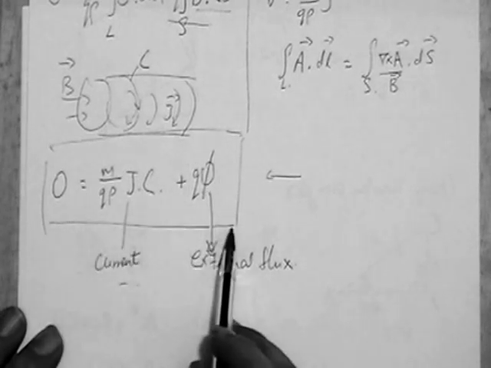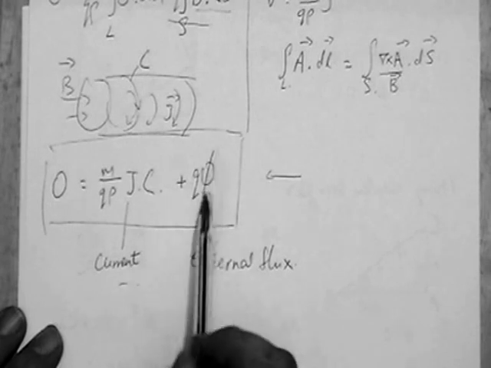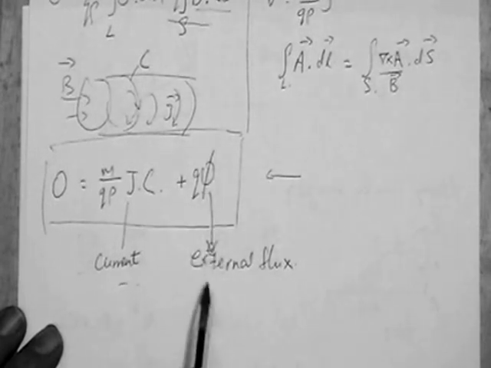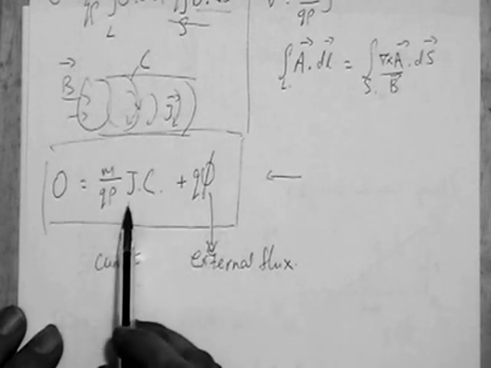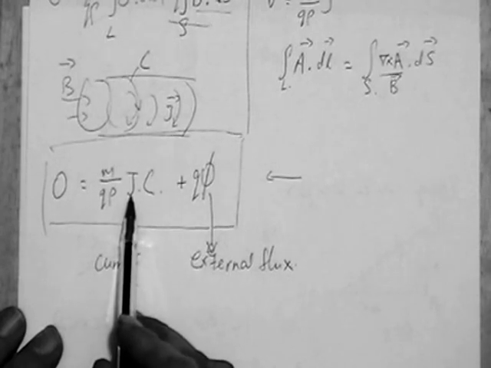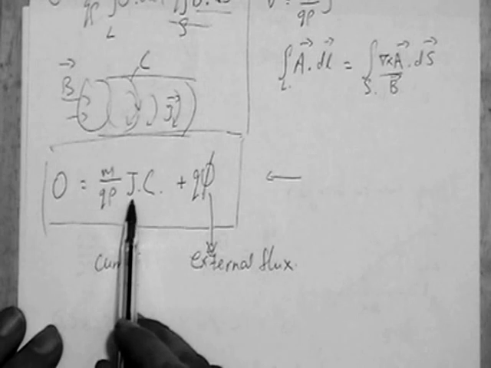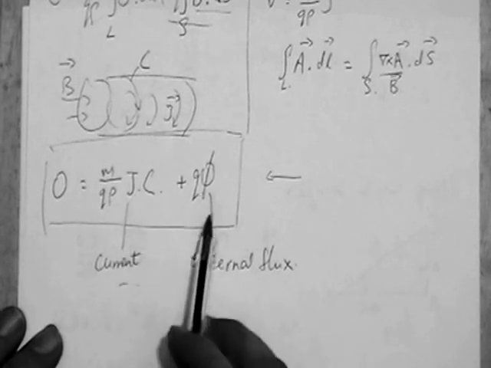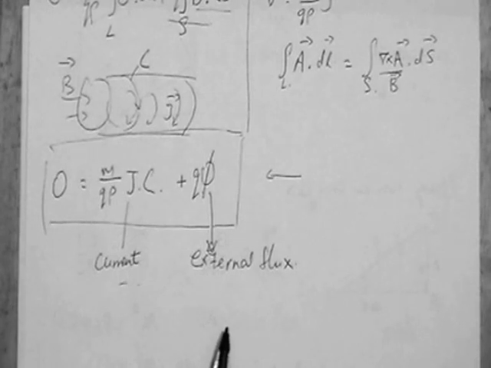This equation shows that if there is an external magnetic flux going through the wave function, then there must be a current J that circulates in the wave function, which is related to the external flux by this equation.